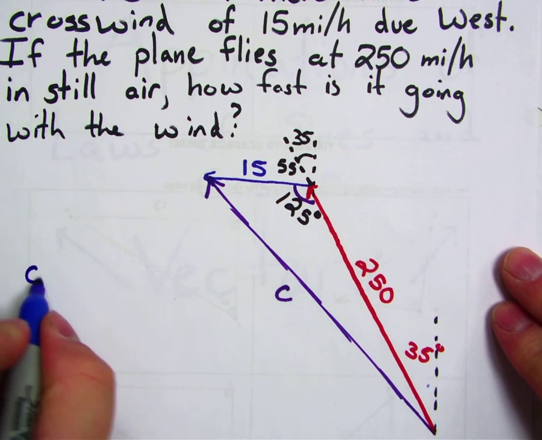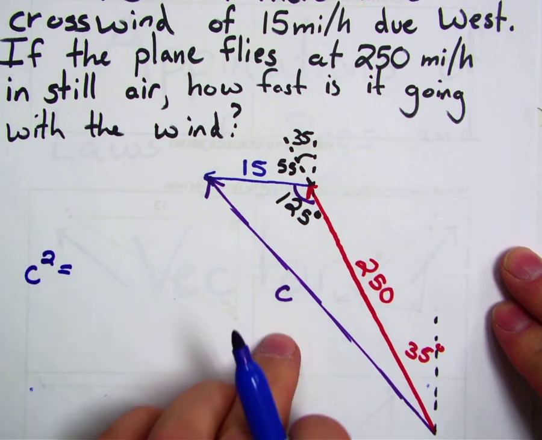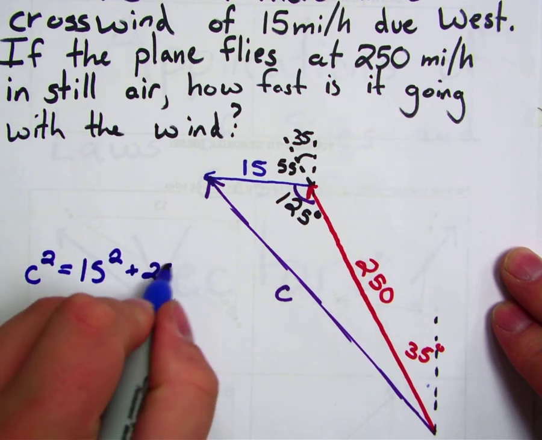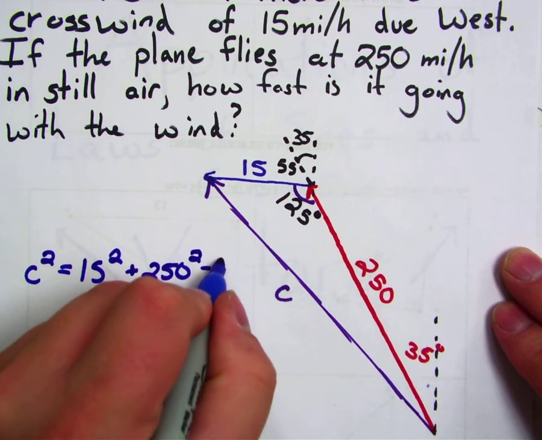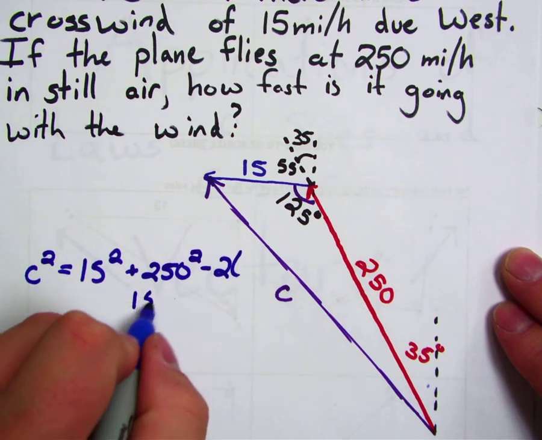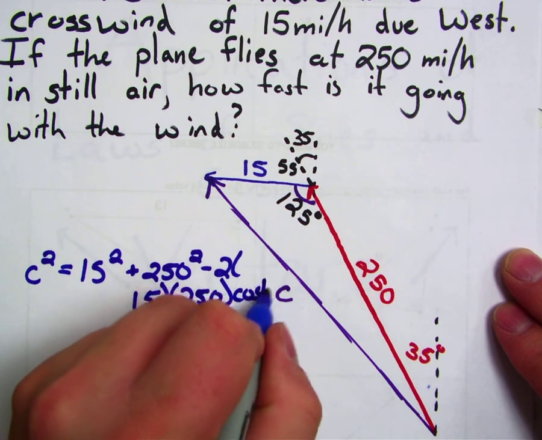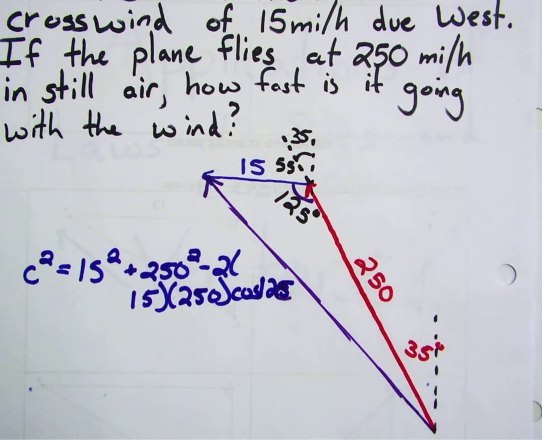So we're going to have C squared equals 15 squared plus 250 squared minus 2 times 15 times 250 times the cosine of 125. But all we have to do is punch that into our calculator. 15 squared plus 250 squared minus 2 times 15 times 250 times the cosine of 125 degrees.